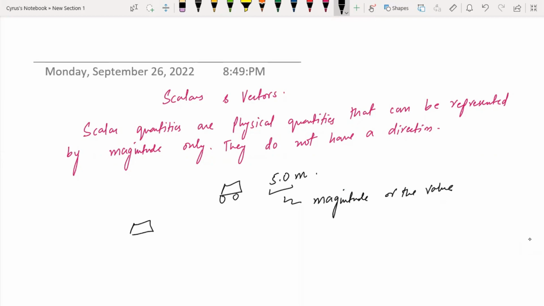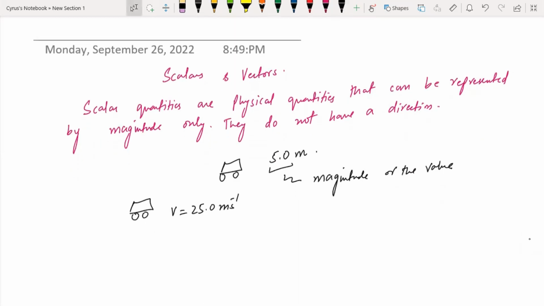So if the speed of the car is 25.0 meters per second, it's just the speed that we're talking about. It's a scalar quantity. We have different examples of scalar quantities, which include mass, temperature, and electric current.